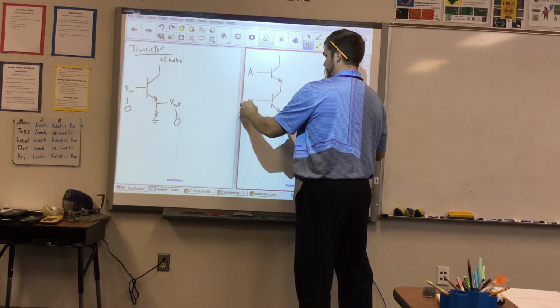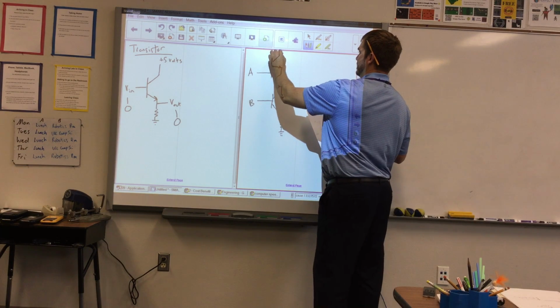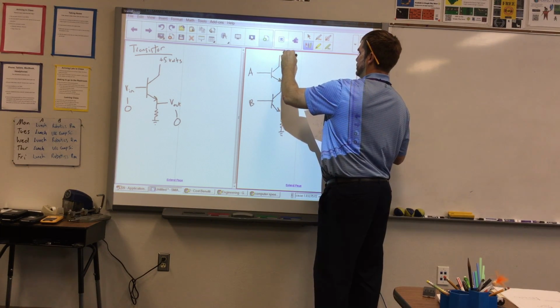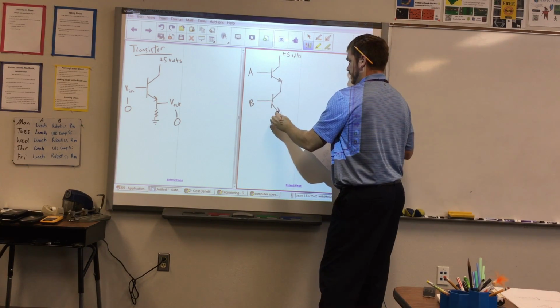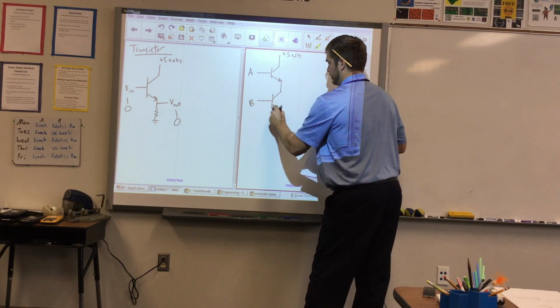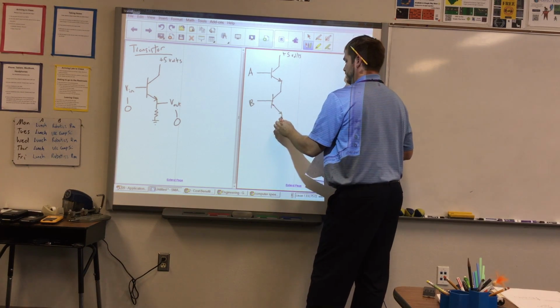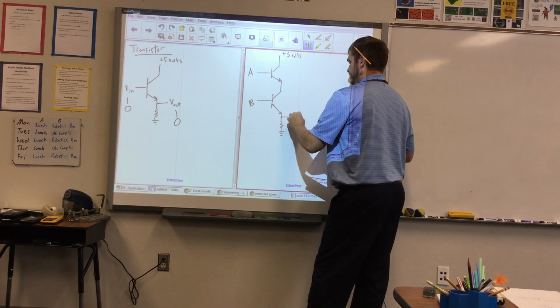This is A, and this is B. And this is plus 5 volts. And this is an arrow, by the way. And right here, I have V out.